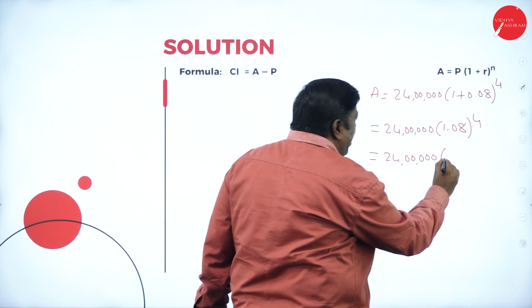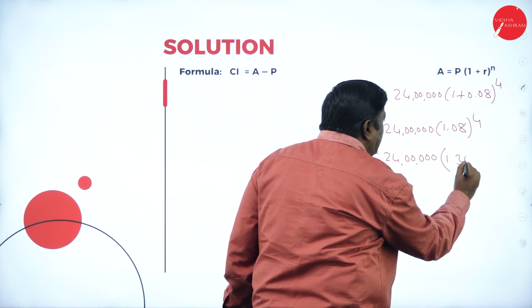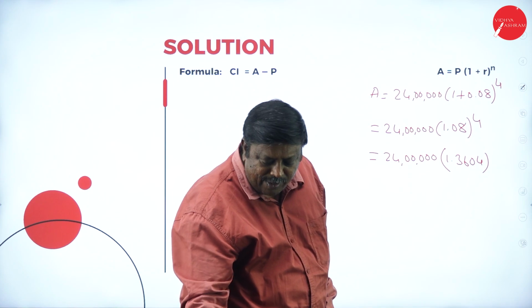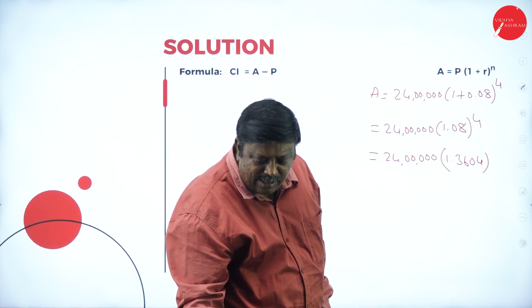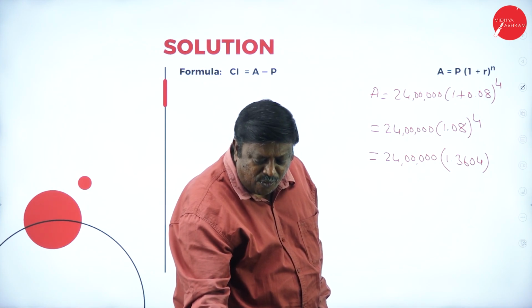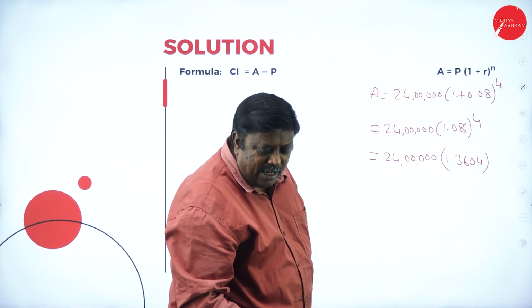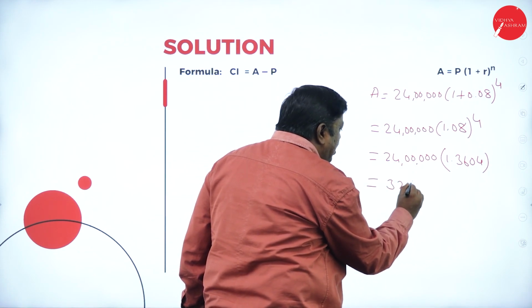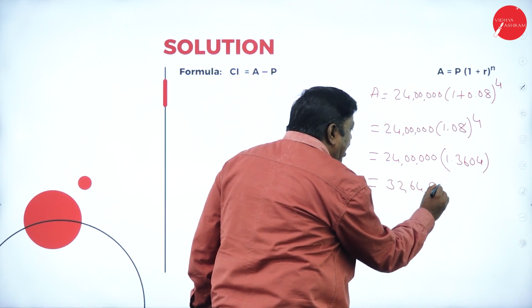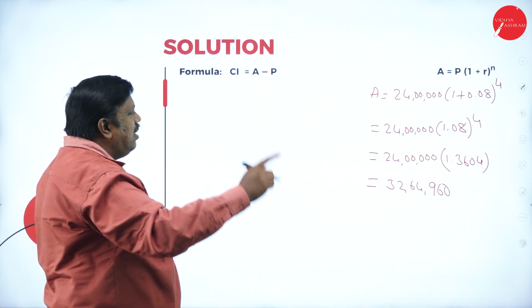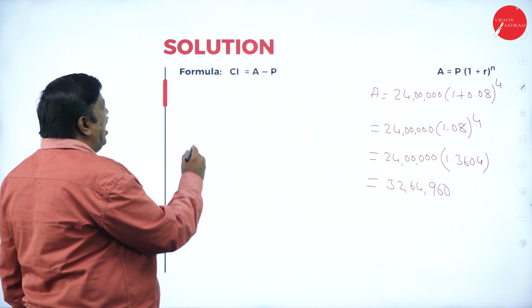So it is going to be 1.3604 into 24 lakhs. So that will be 32,64,960. 32,64,960 will be the annuity value.